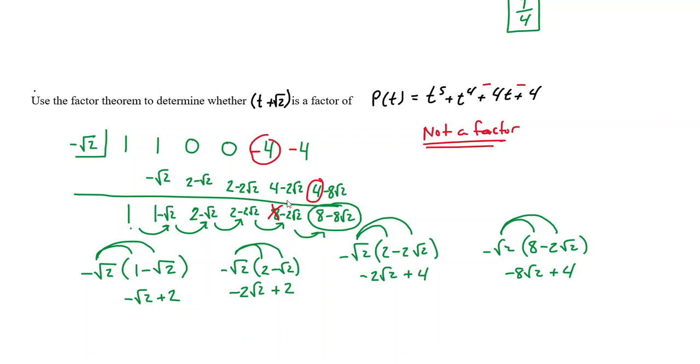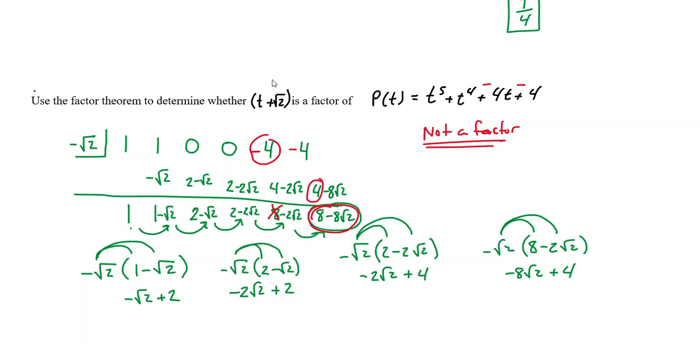But even if we do, we can do synthetic division. And then if the remainder, the last one under the constant coefficient, the 4 there, if that last remainder is 0, then it is a factor. And if it's not, then it's not a factor.